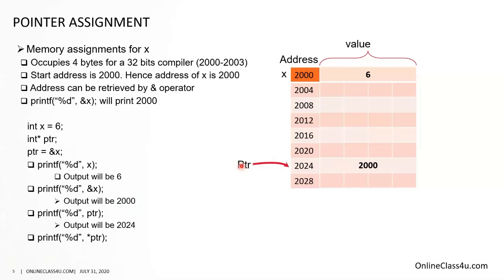The value of the pointer type variable is actually 2000, which is the address of some other memory location. Once you dereference, it will give you 6. Basically this pointer is pointing to the memory location 2000 in the table, where the value is 6.